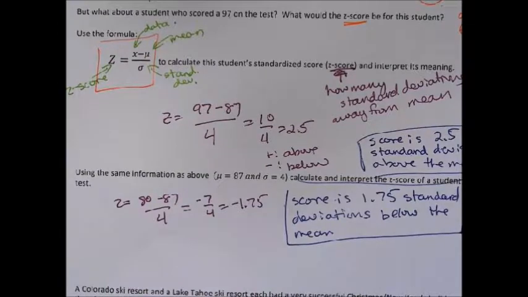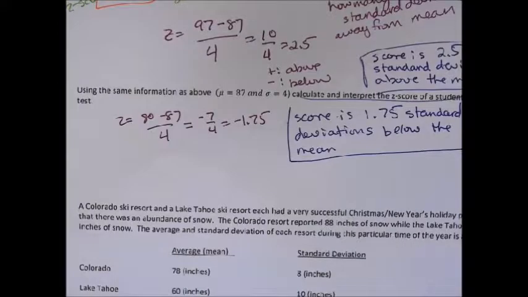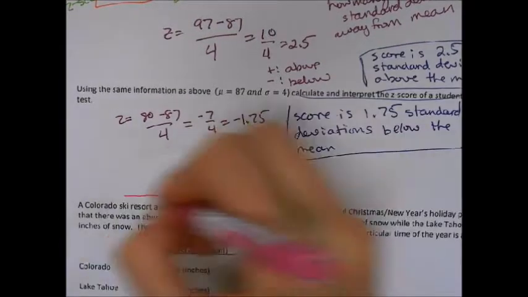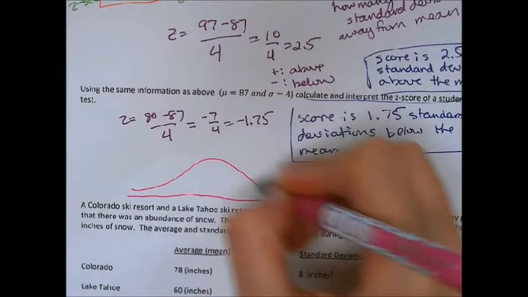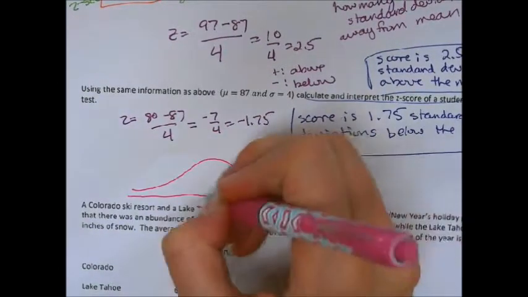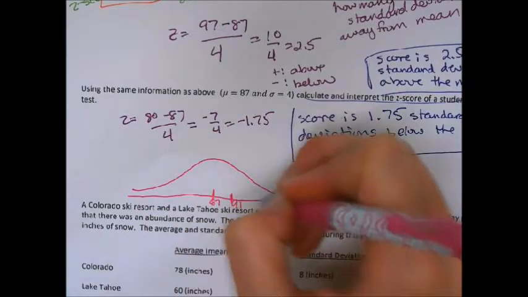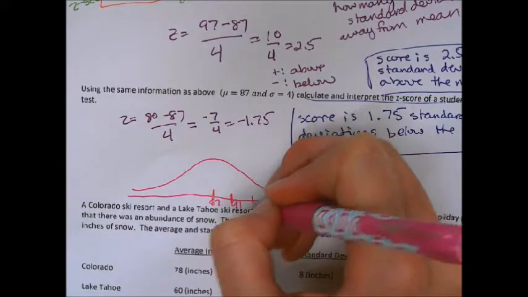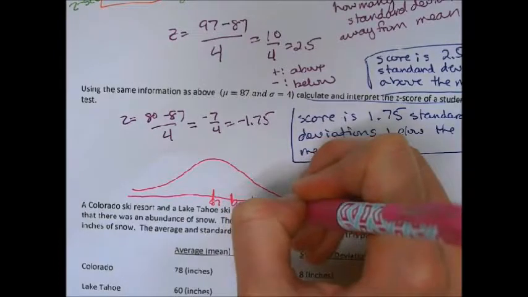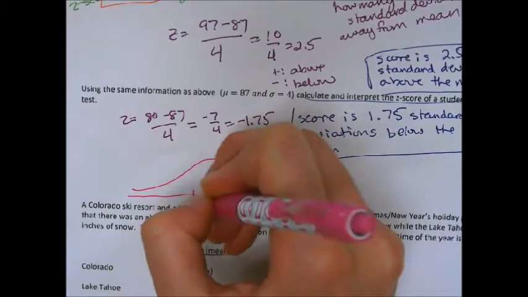Let's compare this to what we learned in 5.4a. In 5.4a, we had our curve. And so if our mean is 87, I'm adding 4, and then subtracting 4.